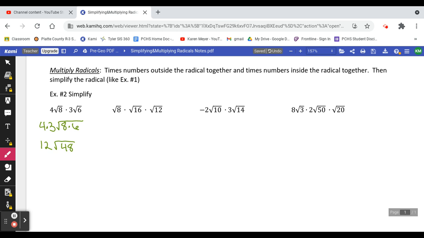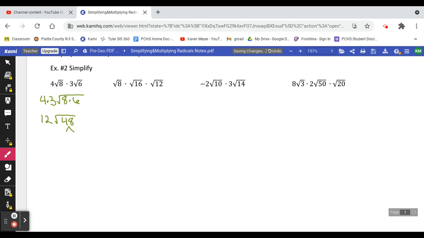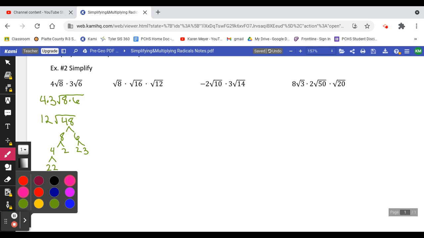Now I want to do my factor tree for the inside number, which is 48. I'm going to just use the two numbers I multiplied together to get 48, which are 8 and 6. 8 goes to 4 and 2. 4 goes to 2 and 2. And 6 goes to 2 and 3. Okay.